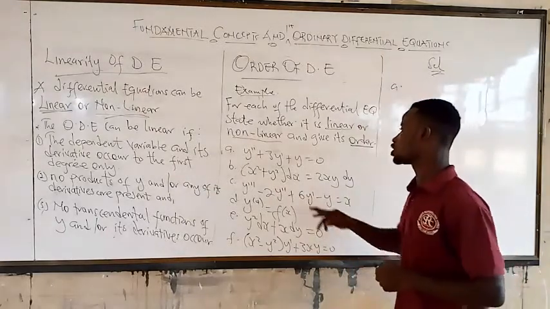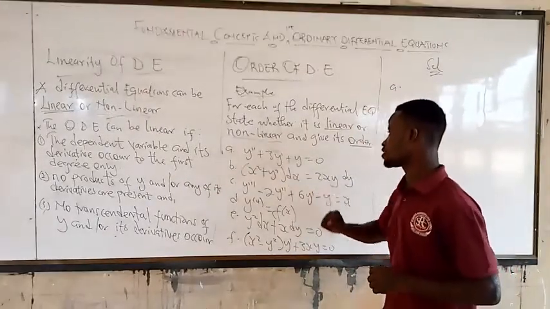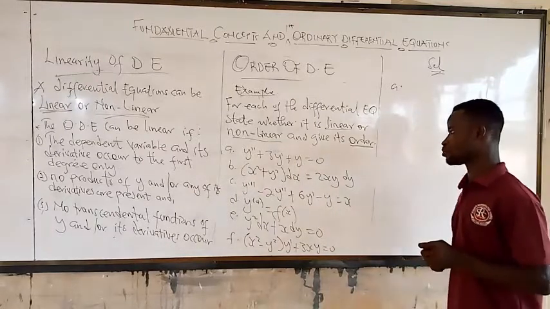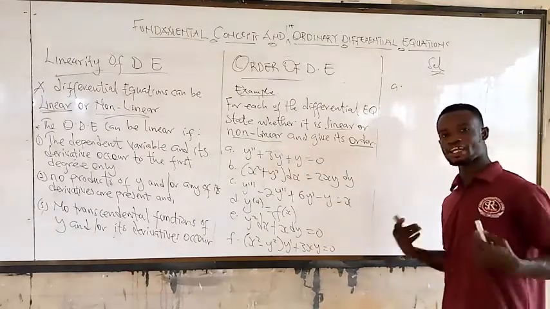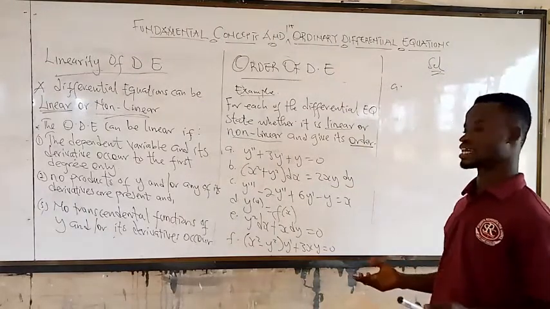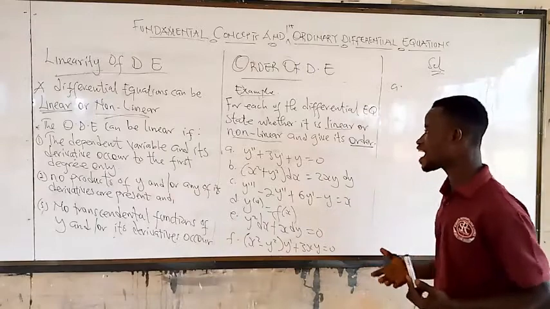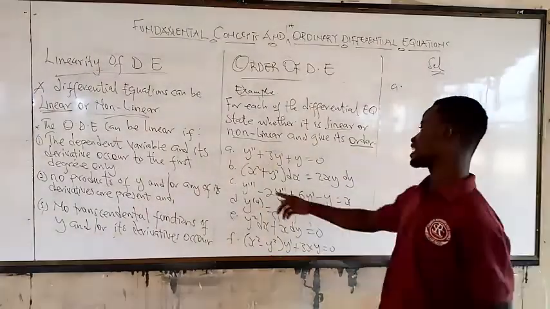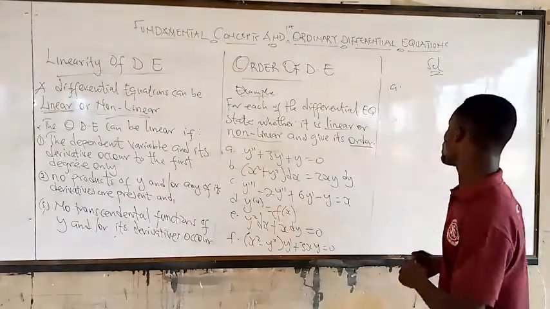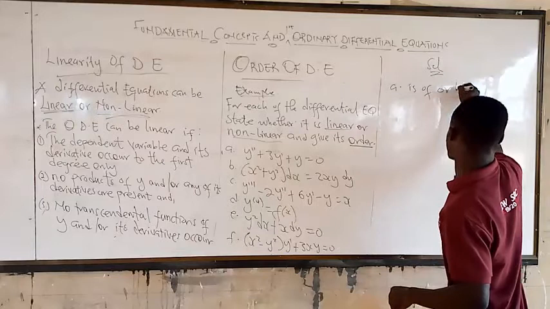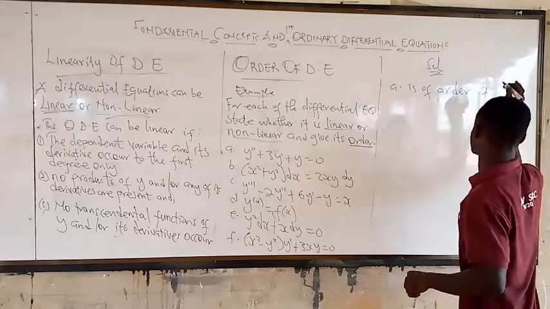This is a second order derivative, a first order derivative, and a function that is a dependent variable. When I ask you for the order, you have to check the highest derivative, and here the highest derivative is 2. So this A is of order 2.